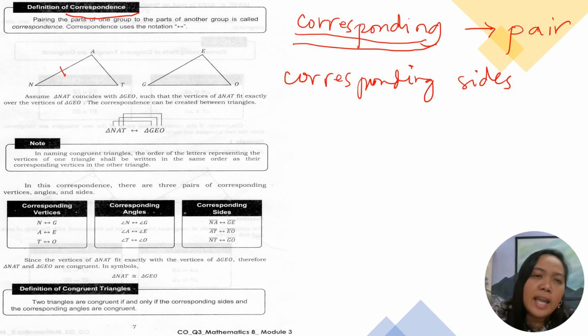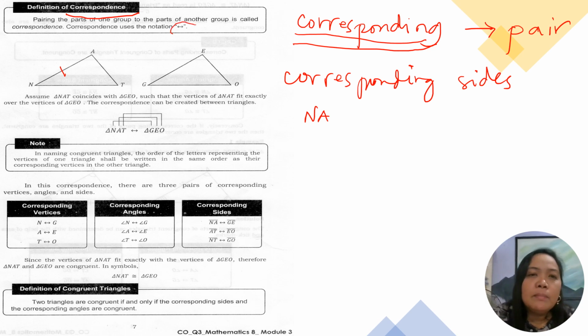Let's say we have to get segment NA. Let's say segment NA corresponds to segment GE of another triangle. So the corresponding sides there are segment NA. Take note of the symbol for correspondence.